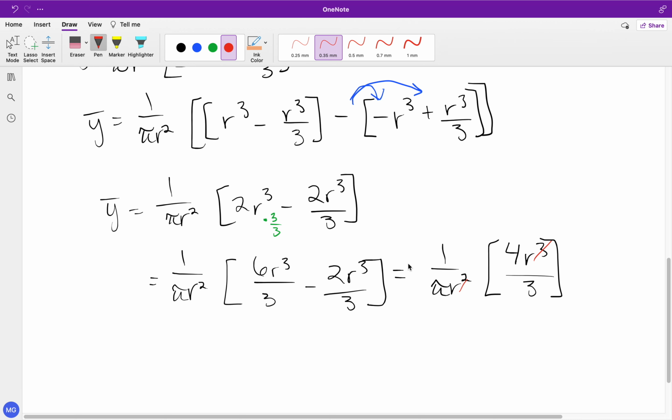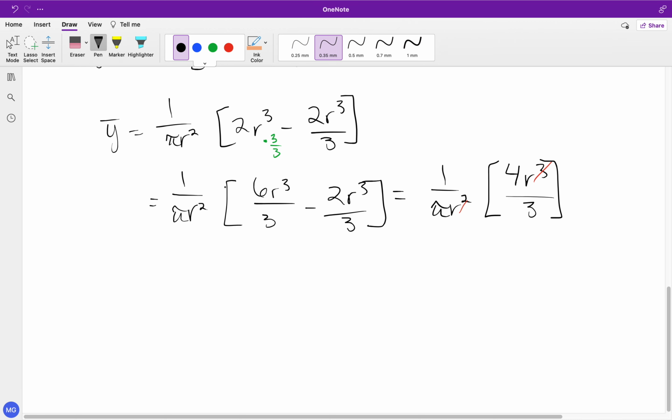These r's cancel out, and we will end up having 4r over 3 pi.